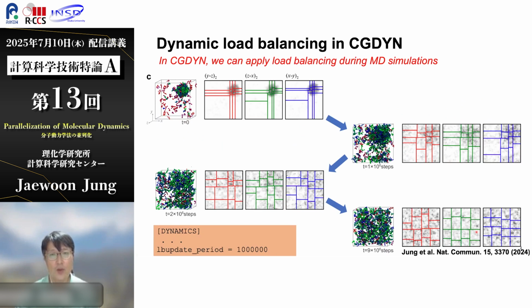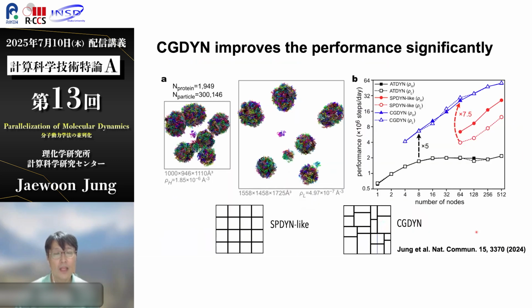In this way, during MD simulation, you can keep the load balance, and using this, you can obtain much better parallel performance. Here, let's consider these two systems. The two systems have the same number of particles but the volumes are different. Because the number of particles is the same, the performance should also be similar to each other.